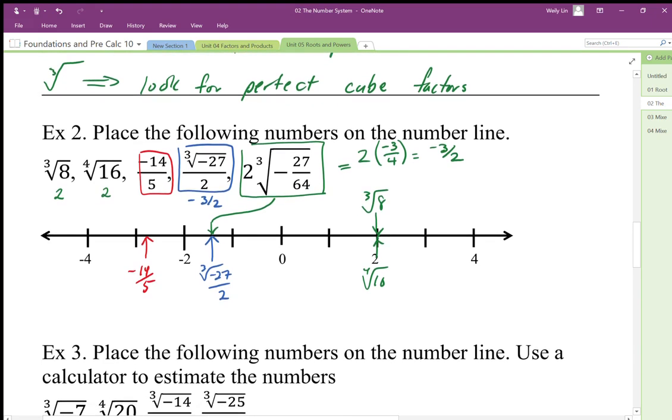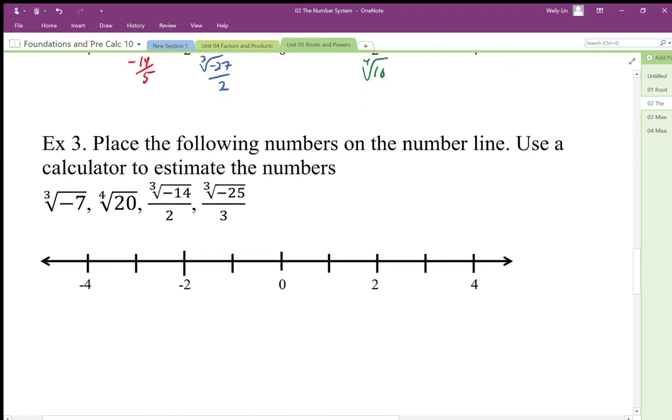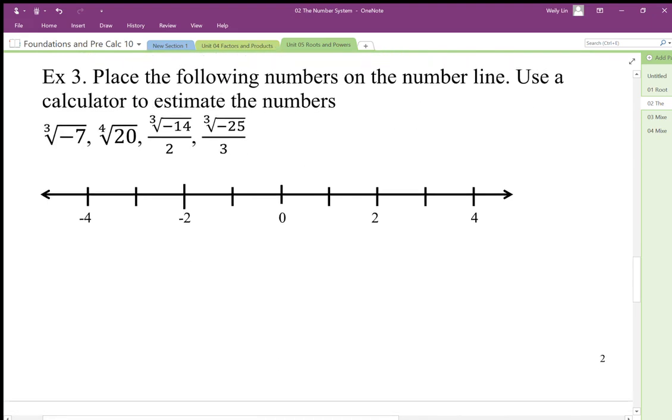Okay, so there's our number line, and we can do this without a calculator by looking for perfect powers. Now, again, if we are allowed to use a calculator, go ahead and use a calculator, but we also want to have this alternative strategy without a calculator. So for these ones here, we need a calculator because these are not perfect powers of 3. 20 is not a perfect power of 4. 14 is not a perfect power of 3. 14 is conspicuous because it has a prime factor in there, so it's probably not going to be a perfect cube. 25 is a perfect square, but not a perfect cube.